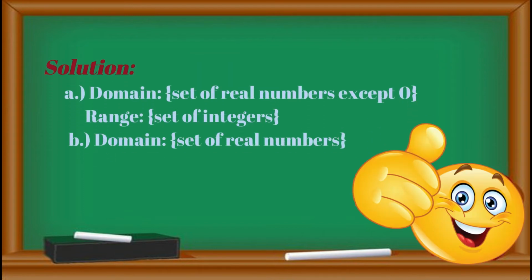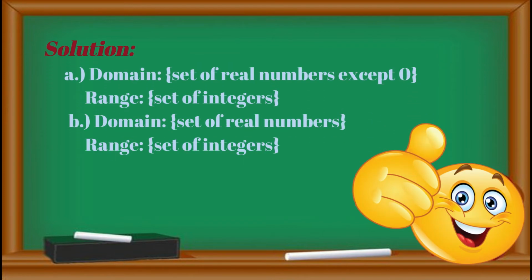In example A, the denominator should not be equal to 0. Thus, the domain is the set of real numbers except 0, and the range is the set of integers. While in example B, the domain is the set of real numbers and the range is the set of integers.